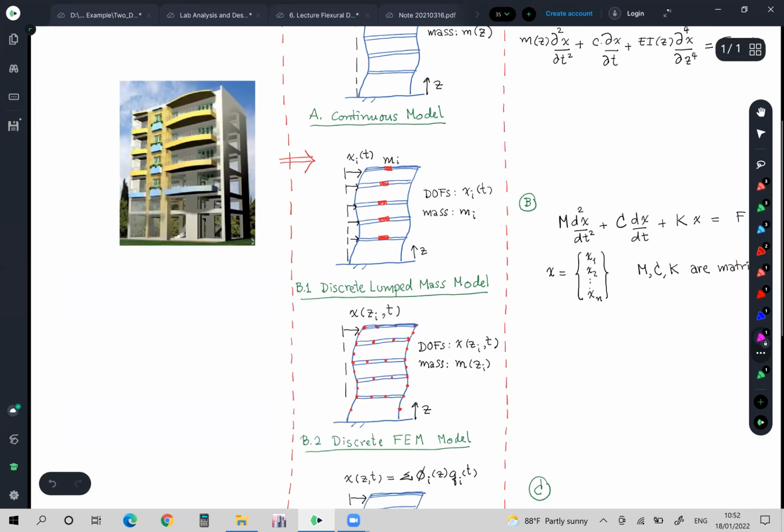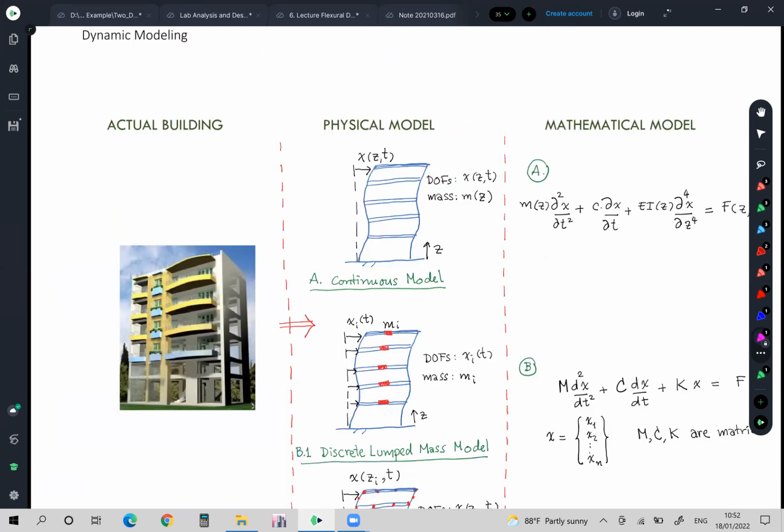Okay, when we look at physical model A, you see the mass is just distributed mass as well. It's the mass as a function of Z, the height of the building.